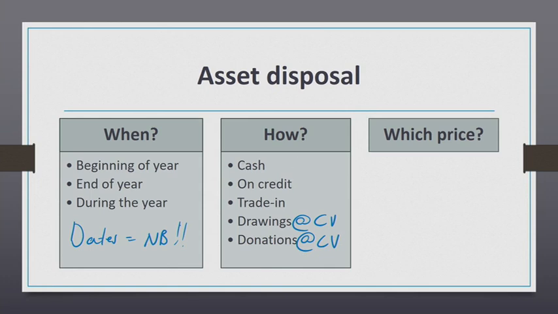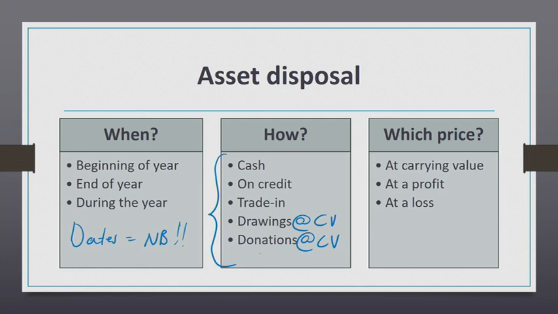And we know this will be entered in the asset disposal account on the credit side next to the selling price. At which price did we sell it? Did we sell it at carrying value, in other words, not making any profit or loss? Did we sell it at a profit where the selling price is more than the carrying value? Or did we sell it at a loss where the selling price is less than the carrying value?